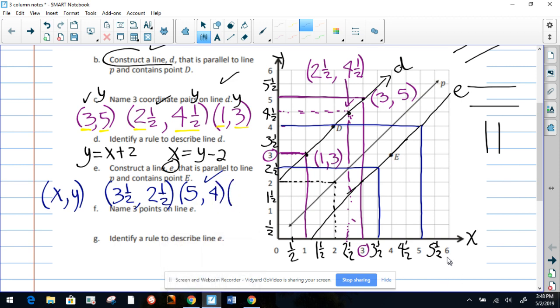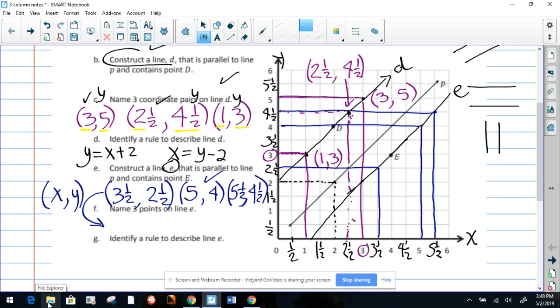And just to make it easier, let's do this point right here. So when x is 5.5, then y is 4.5. Okay, we have our 3 points right here. Now it says name 3 points on the number line. Oh, my apologies. This answer goes right here.